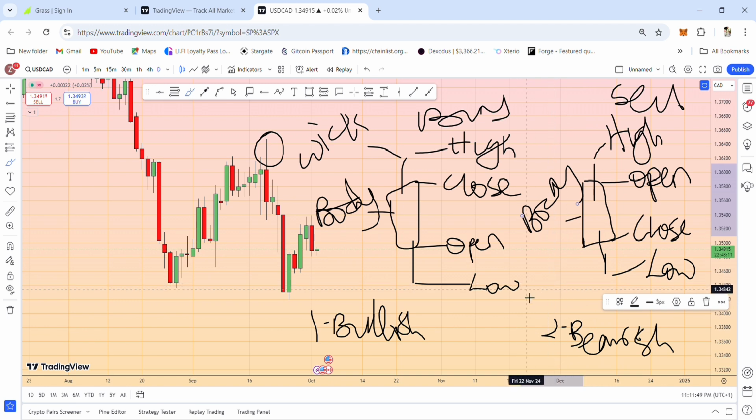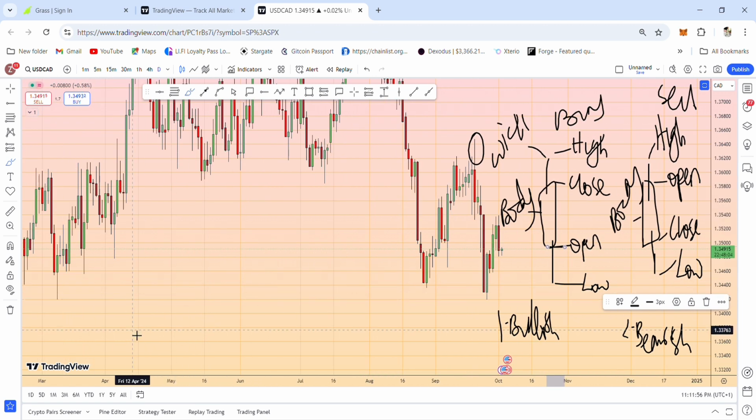Now what it means is that when a candle opens, the first thing a candle does is open. So when it opens here, this is the opening price, and it comes down, then comes up, then comes down to close. It means that it opened and went down to seek a lower price. When it's seeking a lower price, it means buyers are positioned to buy lower to take profit at the high.